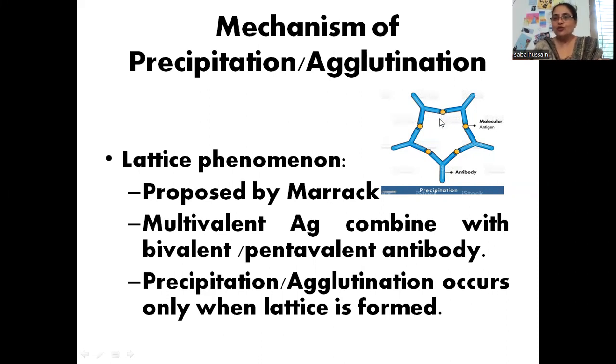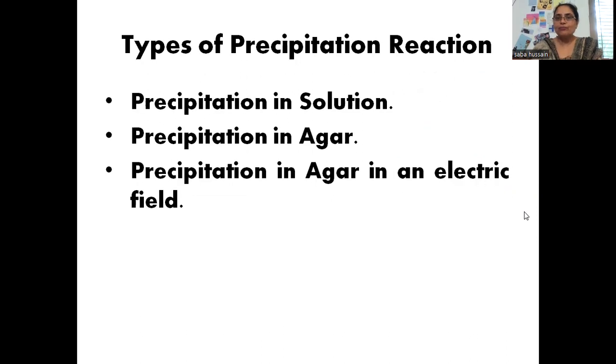So many epitopes will react with antibody paratopes, and bonds will form. And when all this forms a lattice-like structure, it will settle as a precipitate. This happens in agglutination also. The only difference between agglutination and precipitation reaction is that in precipitation, soluble antigens are there.